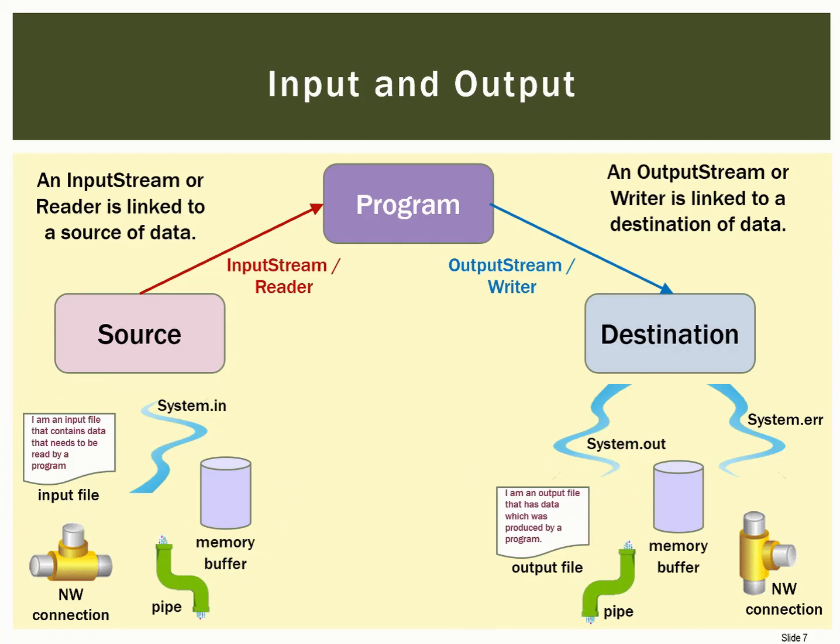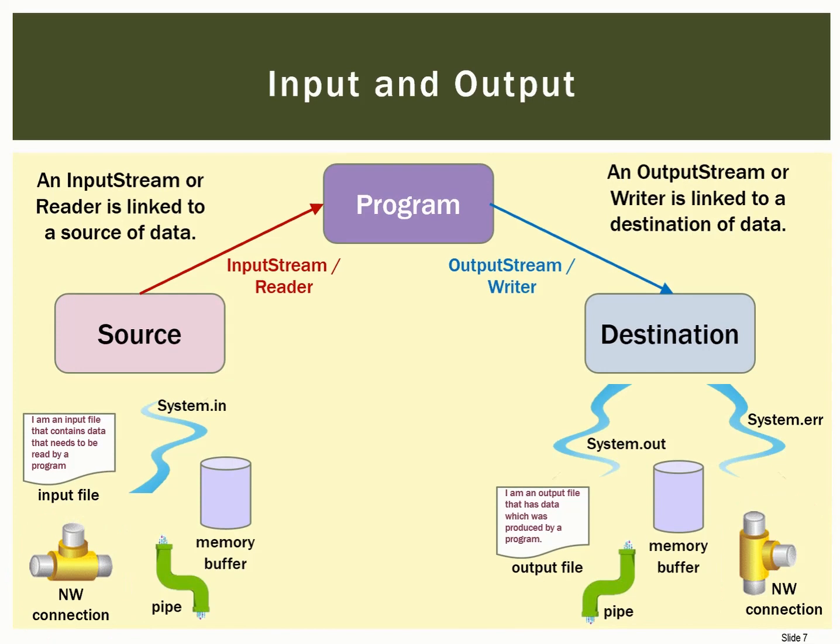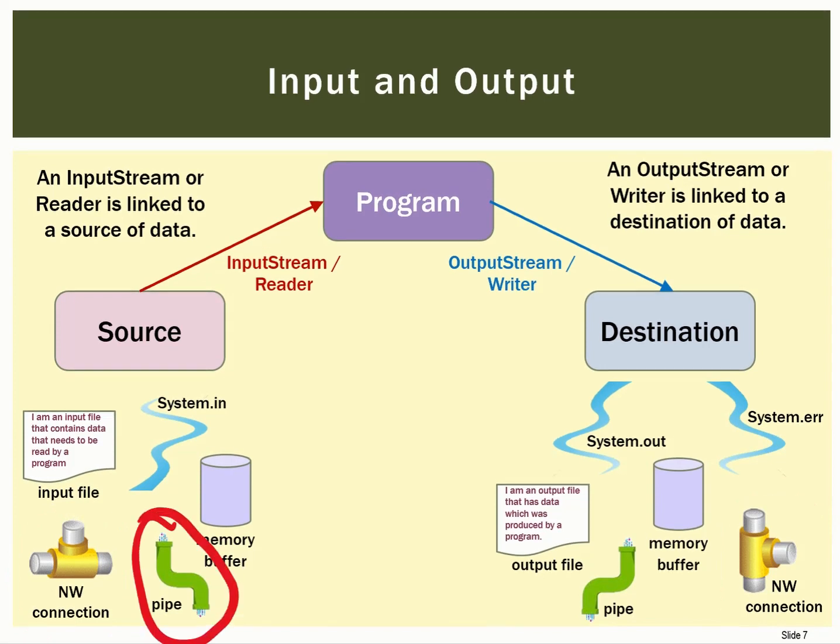You can read data directly over a network, and you can write it to a network using a network connection. And you can also use pipes. Pipes will allow processes to exchange information, to read information from another process, or to write information destined for a different process.